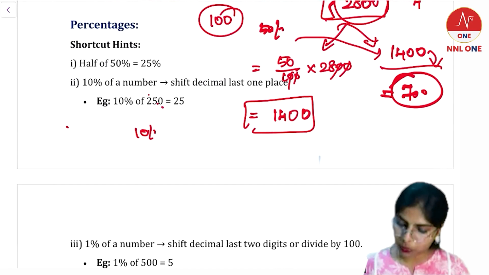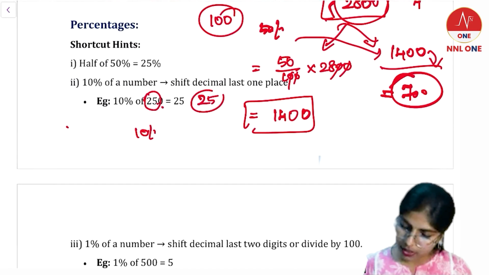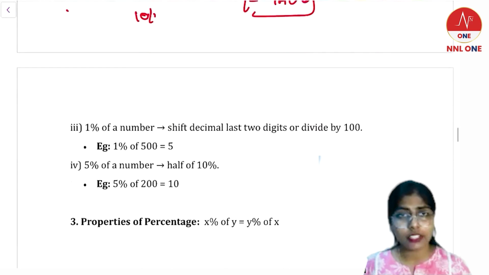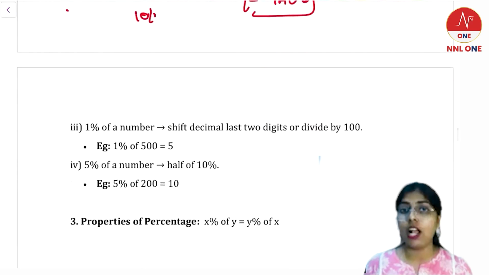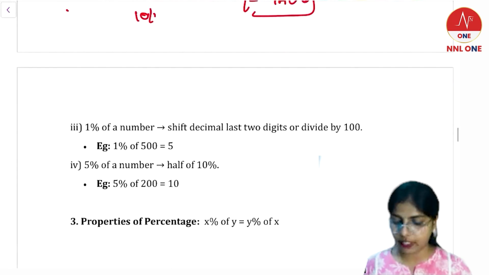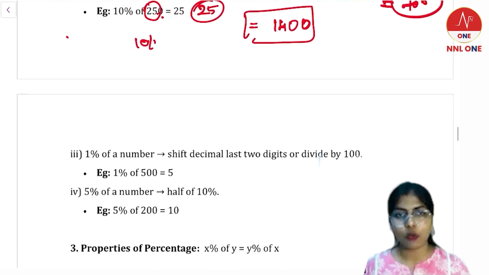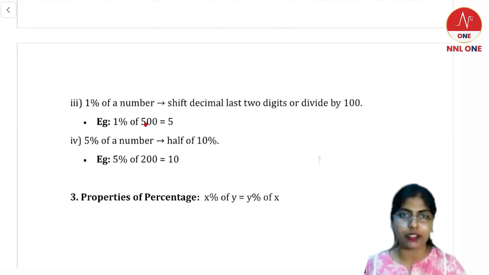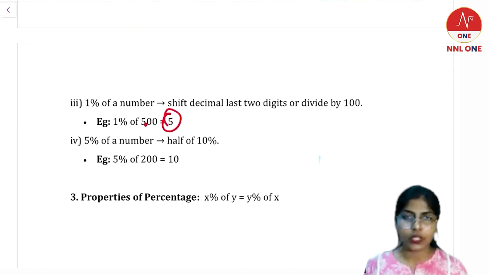So 25. 10% of 250 is 25. If it is asked 1% of a number, then you have to shift the decimal by the last two digits. For 10, it is the last one digit. For 1, it is the last two digits. So 1% of 500 will be 5. Or you can divide it by 100. You can follow either one of them.